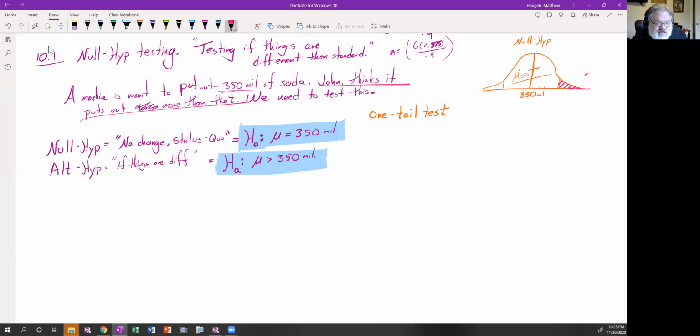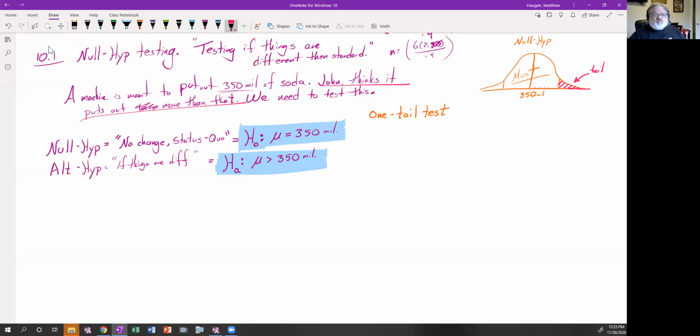So it would have to be out into this tail somewhere for John to be right. If we took an average and got 351, well, okay, that's more than 350, but out of our sample of 50 drinks, that's going to happen sometimes, right? 351 isn't going to convince me.